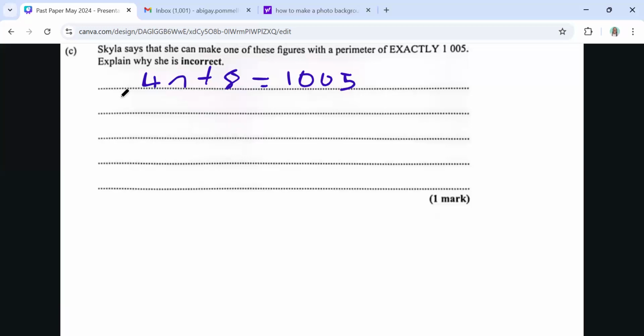So we're going to make n the subject now. So 4n plus 8, subtract 8, 1005 subtract 8 will equal to 997.